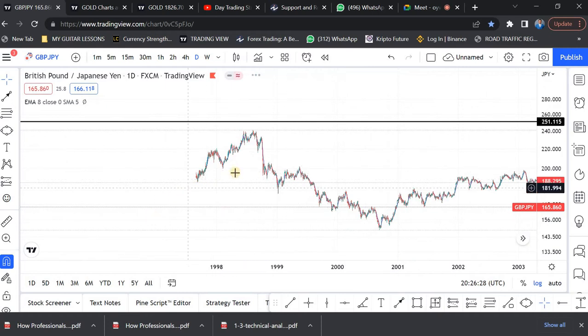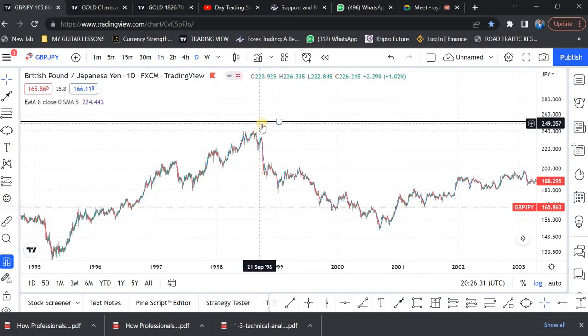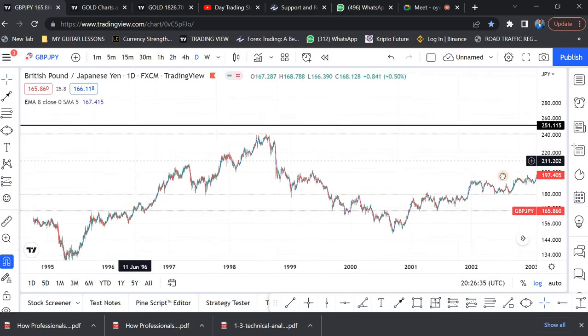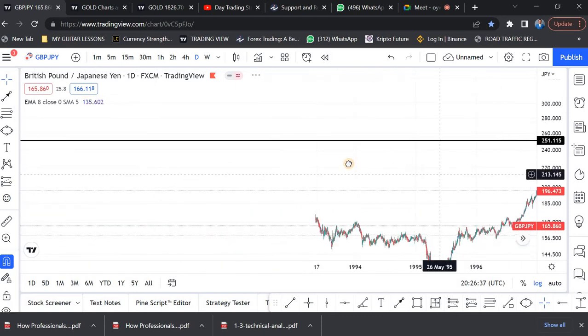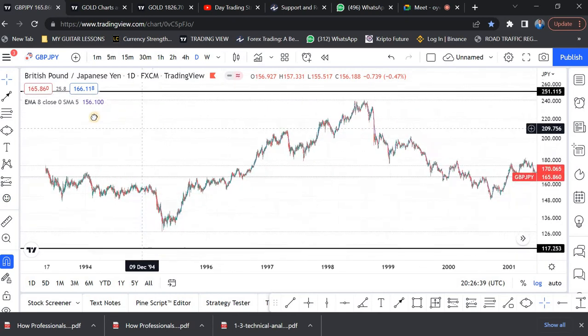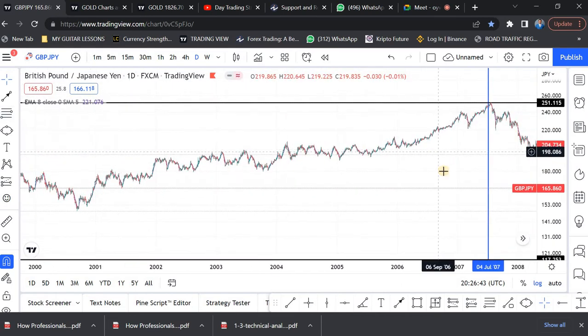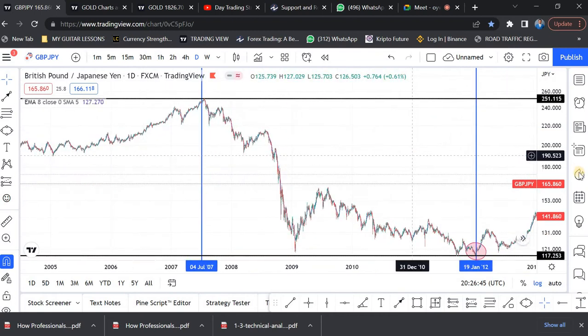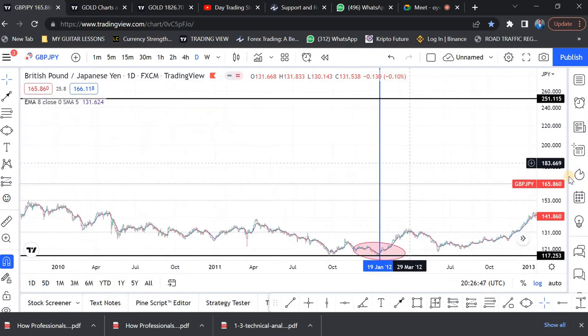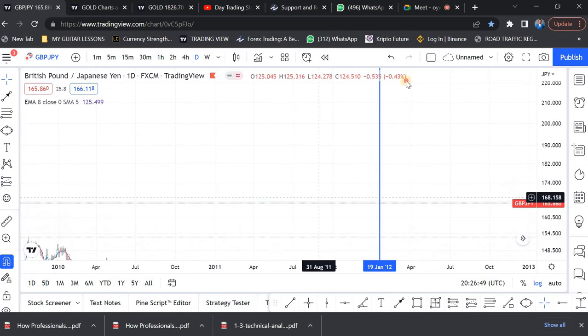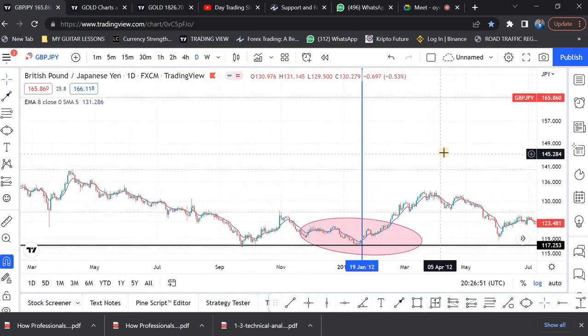You could see that whenever price gets closer to the resistance, it drops. Now we can draw a lot of support and resistances. So here, let me open the chart wall so we can see.